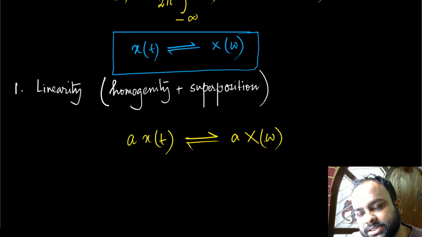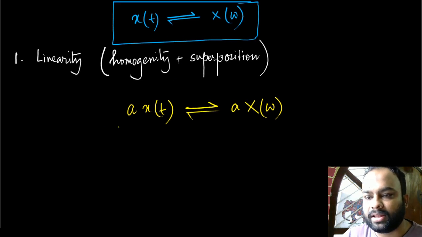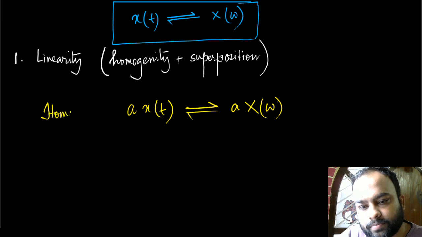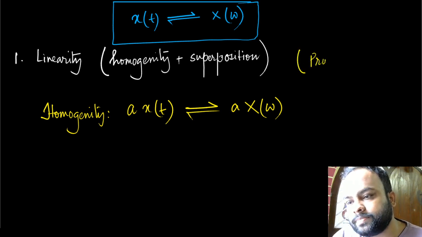We actually established this in the last class simply because that integration was a linear operation. Again, linearity satisfies these, and this is homogeneity. We're not going to prove this because it was proved in the last class.